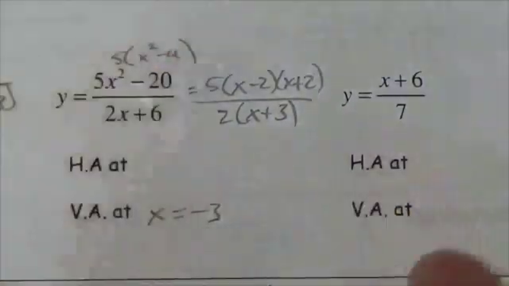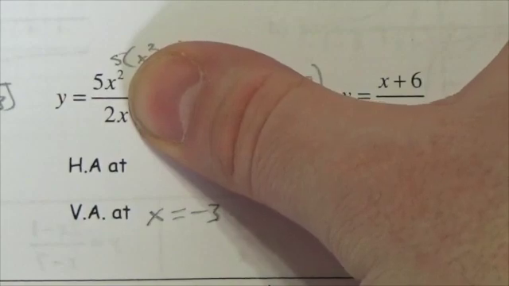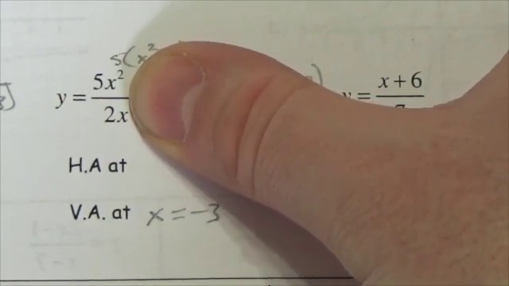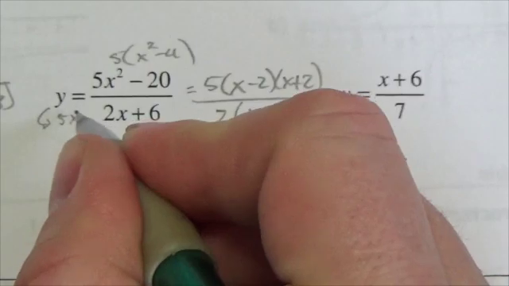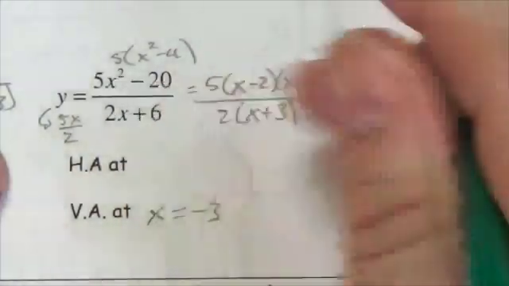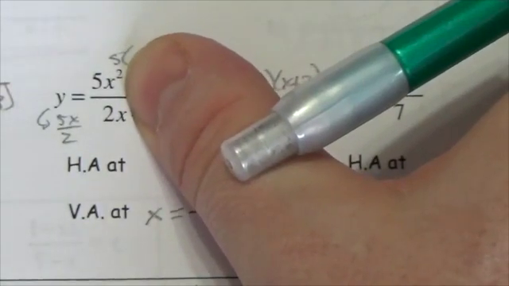And again, for my horizontal asymptotes, I don't care about any of those other terms. I only care about the dominant terms, the one with the highest degree. So 5x squared over 2x, that's going to be the same as 5x over 2. I can cancel out the common 2's. Again, remember, in this particular case, I'm not worried about the 20 and the 6. Doesn't matter.